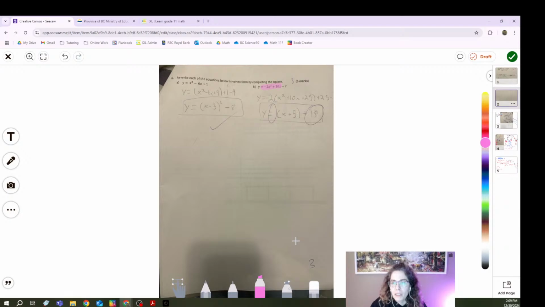Okay. 5 divided by 2 squared is 25 over 4. Yeah, I'm just doing math in my head. Okay, so we got plus and minus. Then what? Mm-hmm.